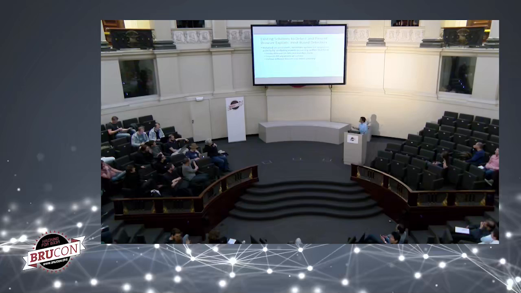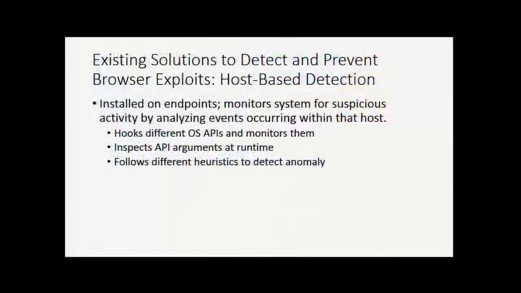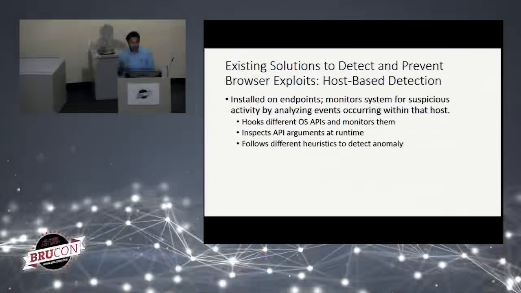So this slide explains how HIPS, the host-based intrusion prevention system, works. There has to be an agent installed in the client system. The agent will hook the process it wants to monitor, and it hooks different APIs. It continuously monitors suspicious arguments by hooking into those APIs.